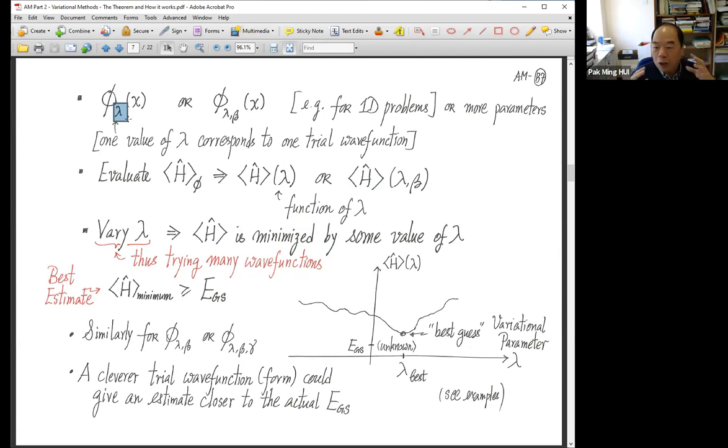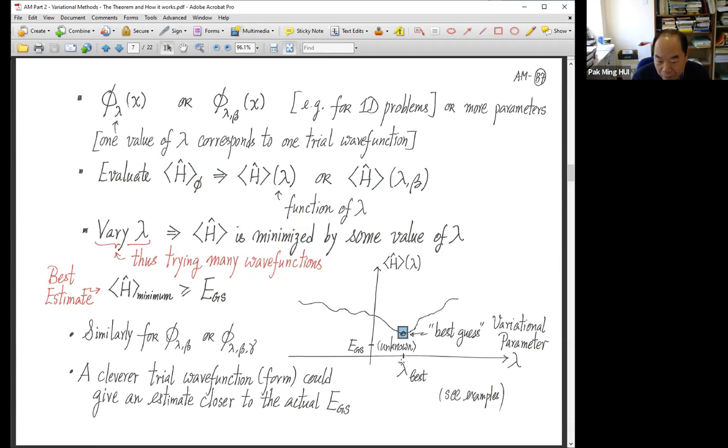Then in one shot, you calculate the expectation value, and the answer will be a function of the parameter you inserted into your trial wave function. Then you can draw this thing out as a function of your parameter, and therefore you can look for the lowest value.